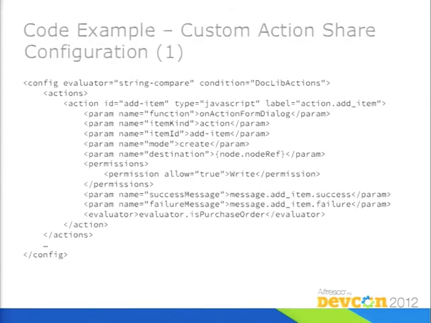So in order to get this to start to appear in Share, we basically, again, need to create a share action, a share link. So this is basically it. We're defining within the share custom config XML that we're going to create a doclib action, an add item action, and we're going to use the share form dialog.